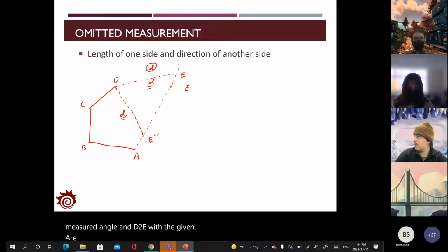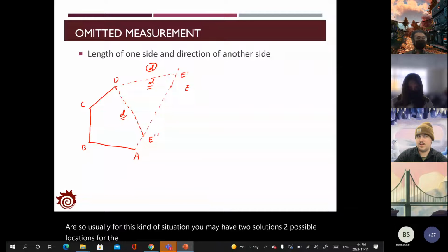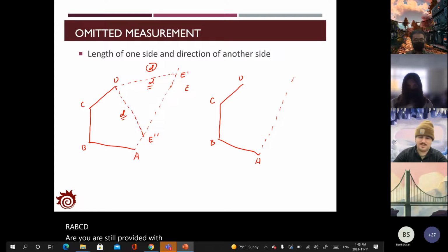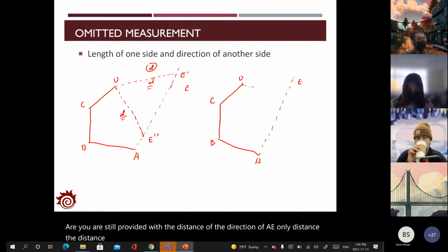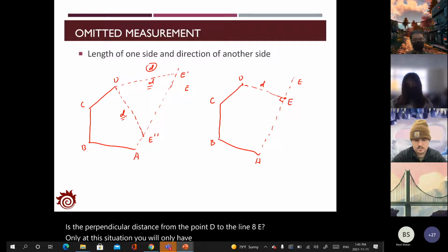So usually for this kind of situation, you may have two solutions, two possible locations for the point E. Only when there's a special situation, say that with A, B, C, D, you are still provided with the direction of A to E, and the distance from D to E is the perpendicular distance from the point D to the line A to E. Only in this situation will you have one solution, and the angle here will definitely be 90 degrees.